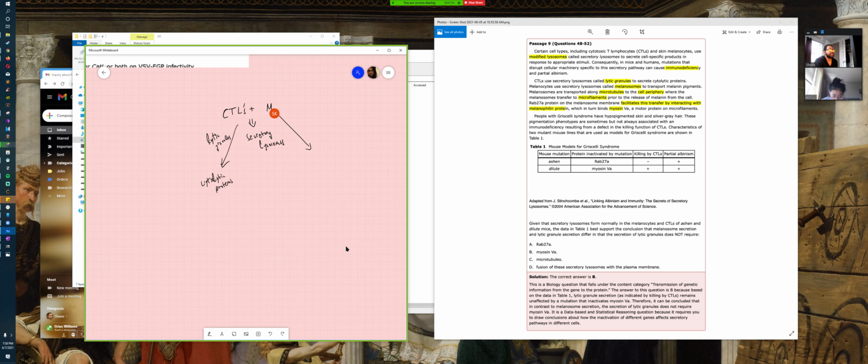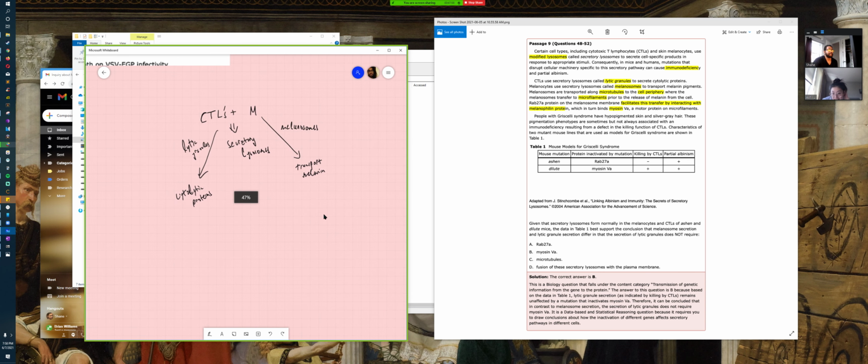Whereas the melanocytes use melanosomes, which transport melanin pigments by the microtubules. Generally speaking, yeah. I guess I'll come back to that if I need.